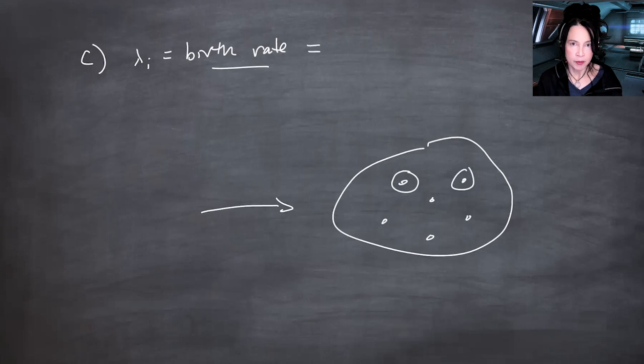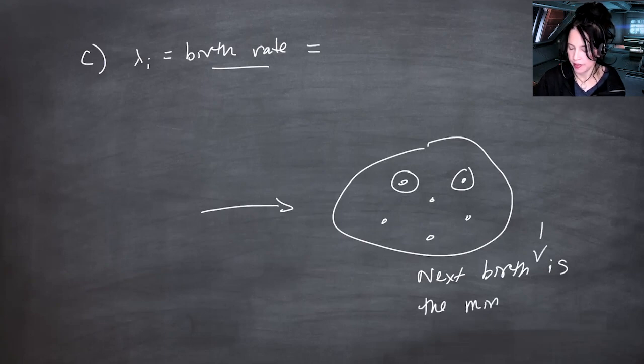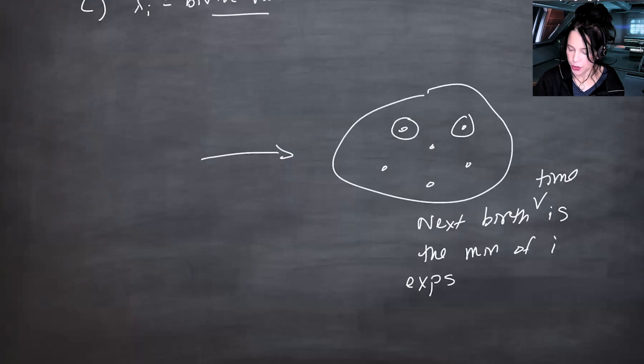And if I have I people in there, the next, I'm using the word birth in 2 different ways. The next birth in this population is the minimum. So the next birth time is the minimum of I exponentials, each with rate lambda.